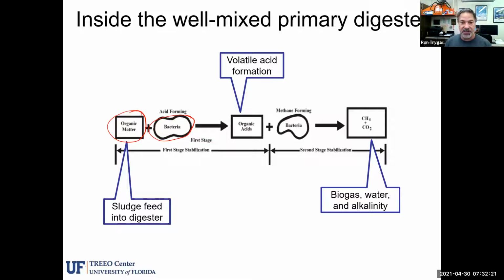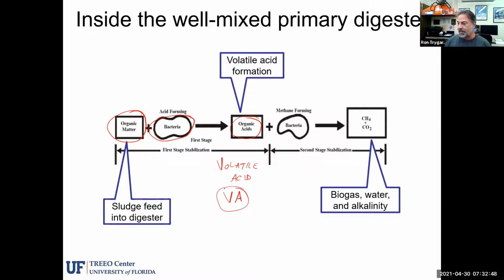We call that first stage stabilization. And these bacteria produce organic acids. Sometimes we call these volatile acids or volatile organic acids. So volatile acids, I'm going to write it up here, volatile acids are being produced. We abbreviate that VA, okay?